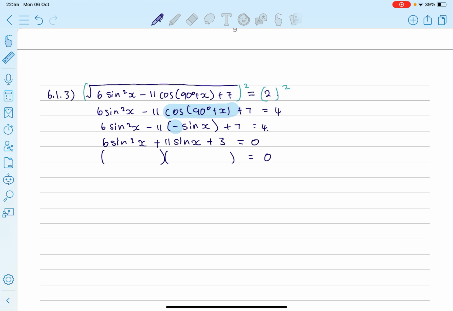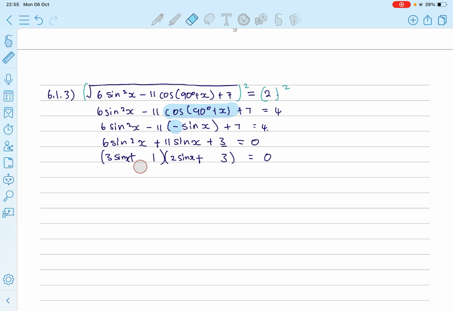So let's start with what's going to give us 3. It can only be 1 and 3. And it looks like here we have positive, and then something that will give us 6 and 11 in there. When we multiply out, looks like we might have 3 sine x, and here it will be 2 sine x.